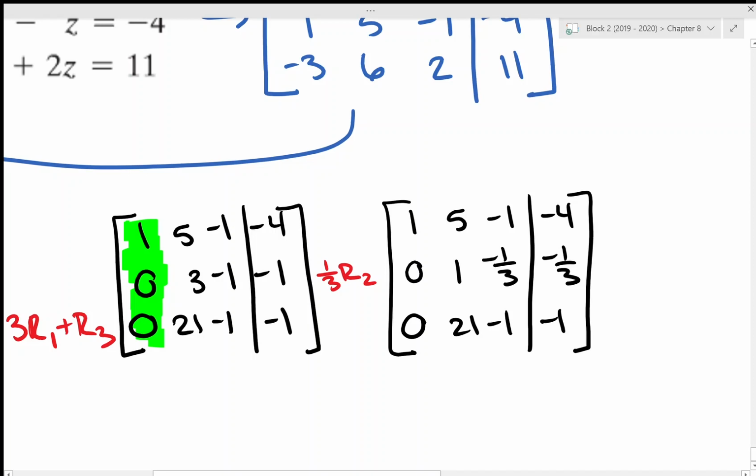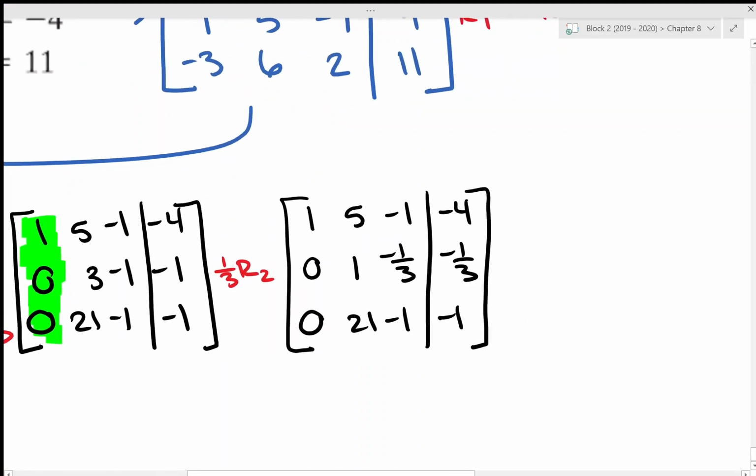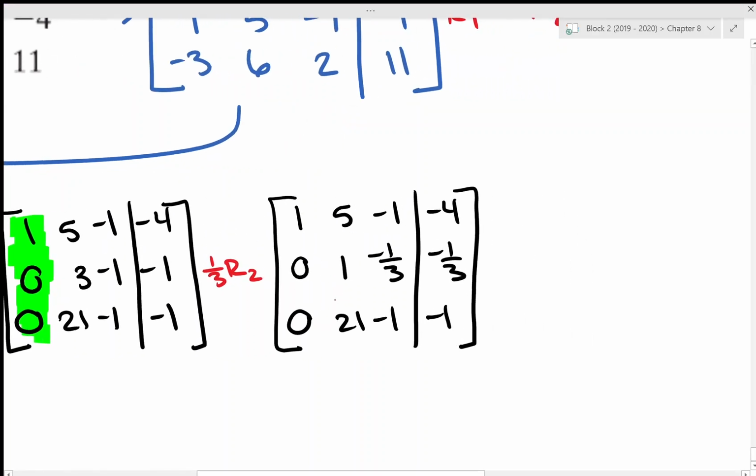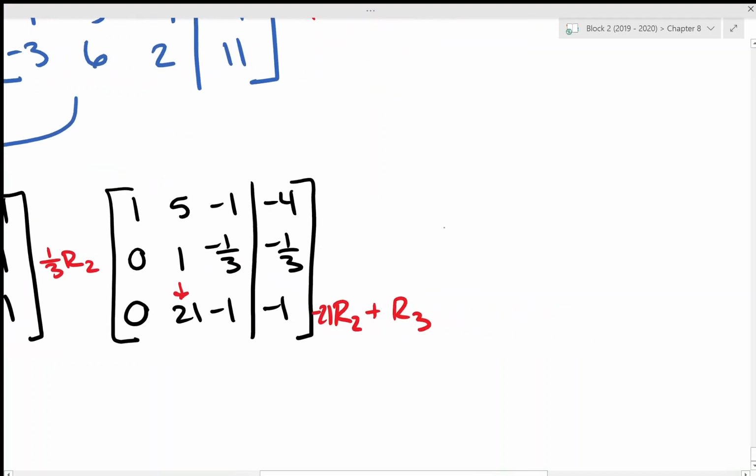Now what I'm going to do is try and make the 0 underneath that 1. Now I got to use row 2 with row 3. If you want to do it this way, you can multiply negative 21 to row 2 and then add it. Or you can multiply positive 21 and subtract. It really doesn't matter. So I'm just going to keep the negative 21.